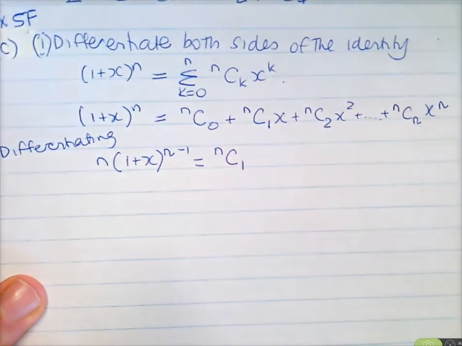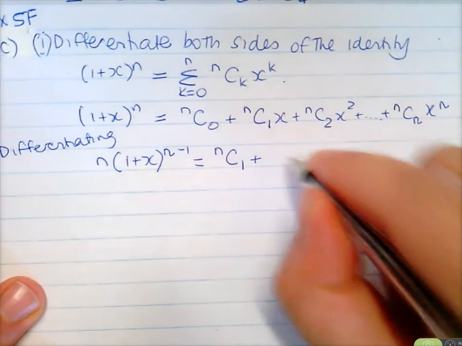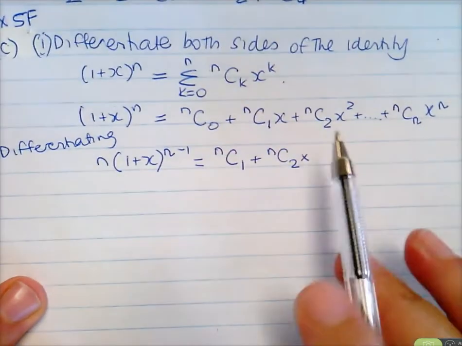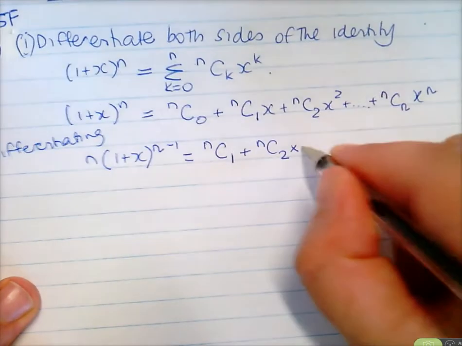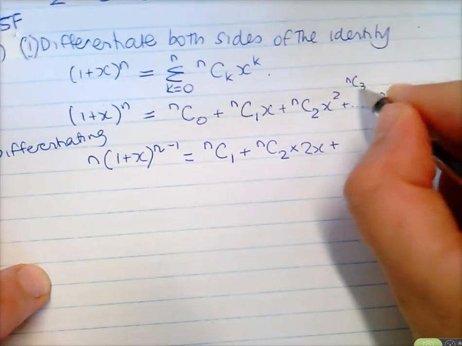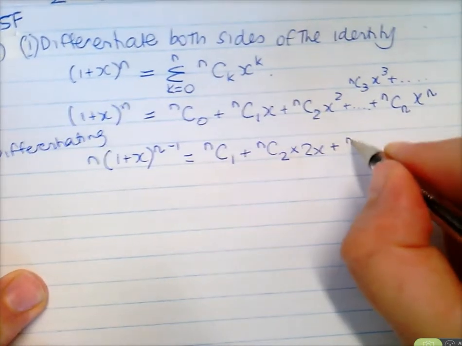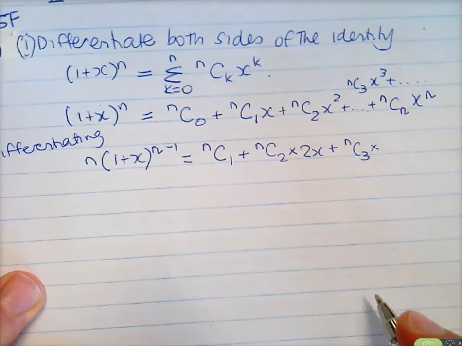Differentiate nC1 x, you just get nC1. If you differentiate nC2 x squared, you get nC2 times 2x. Plus, actually I might put the third term in. If you differentiate nC3 x cubed, you get nC3 times 3x squared.